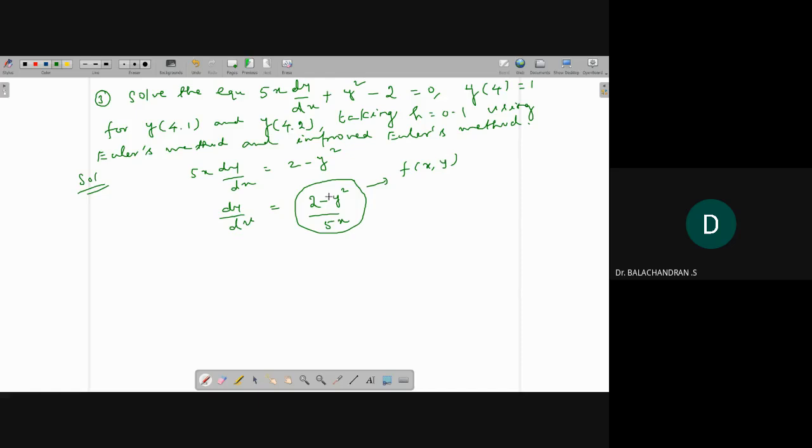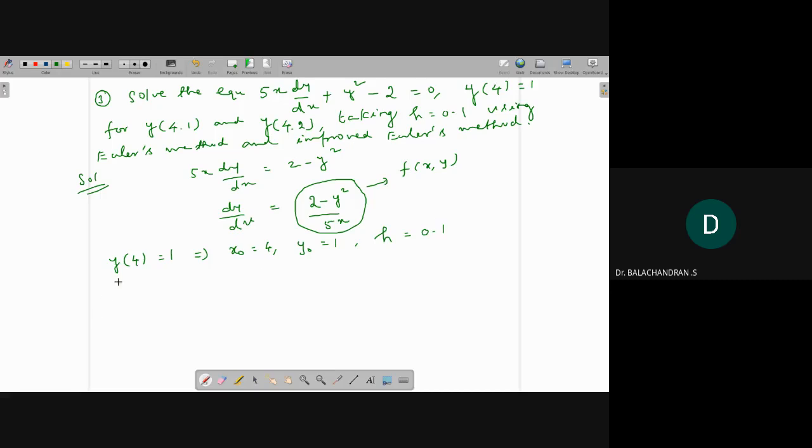Now what is given? y of 4 equal to 1. This implies x0 equal to 4 and y0 equal to 1. And we can easily find the h value also: 4, 4.1, 4.2. So h value is 0.1.